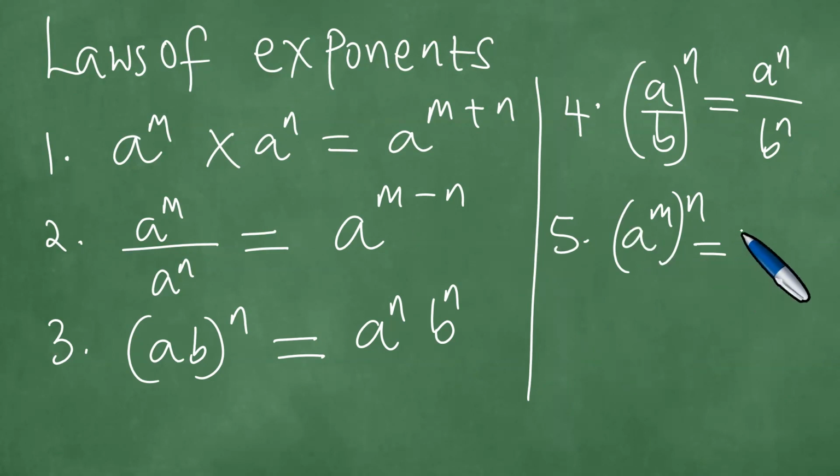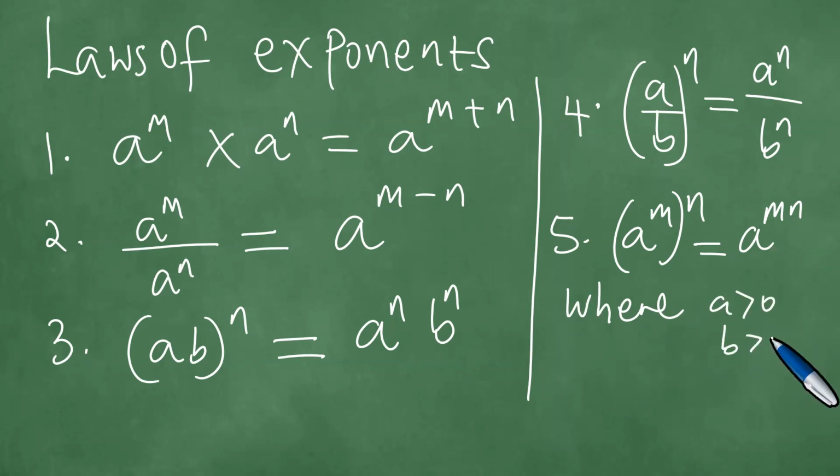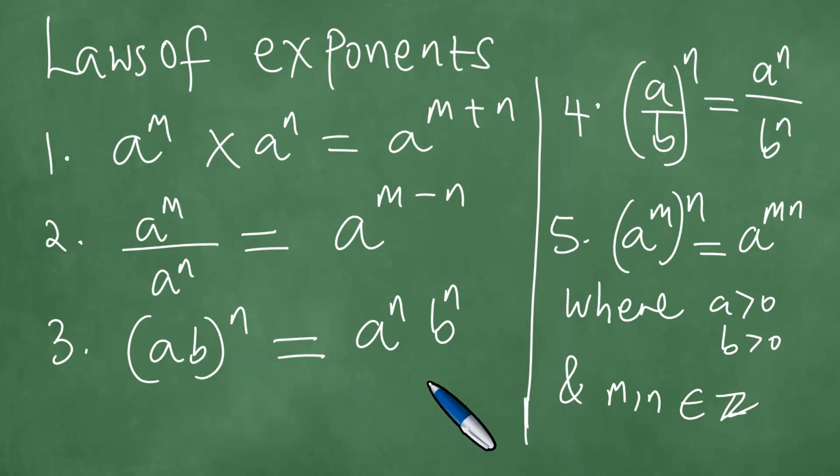Obviously it's common practice that this is true where a is bigger than 0, b is bigger than 0, and m, n are elements of the set of integers. Those are the 5 laws, but there's law number 6.